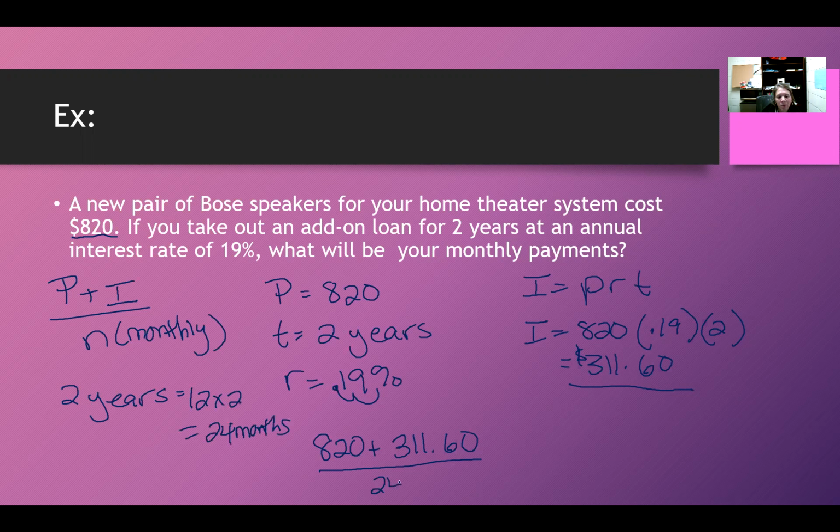So we're going to divide by 24. Remember, we do the top first, and then we divide by 24, and we should get $47.50. So we would make a monthly payment of $47.50 on this.